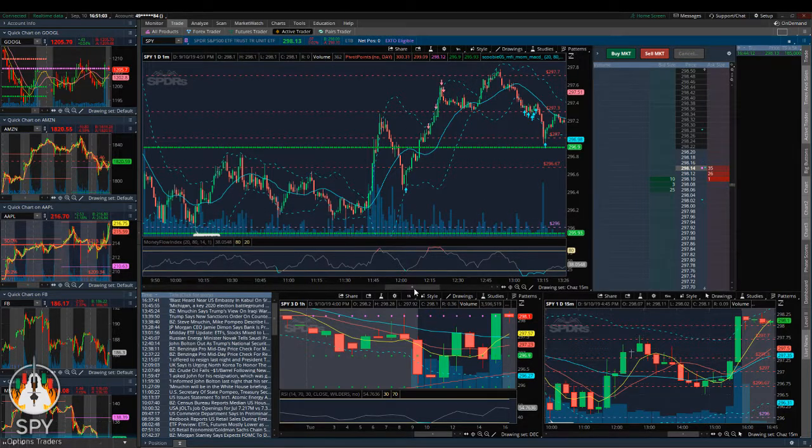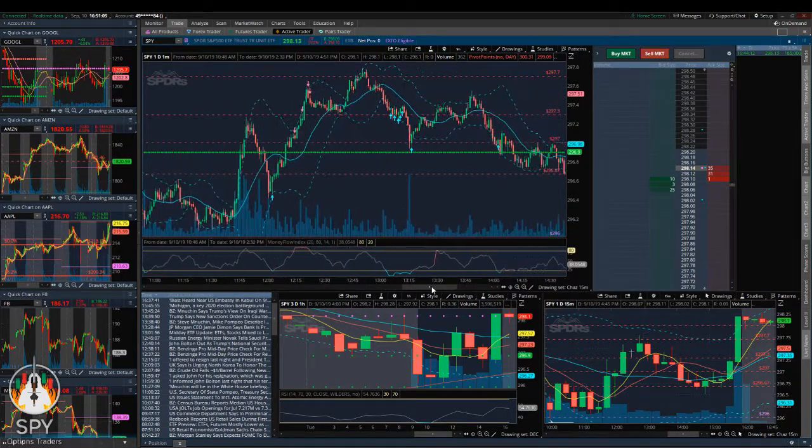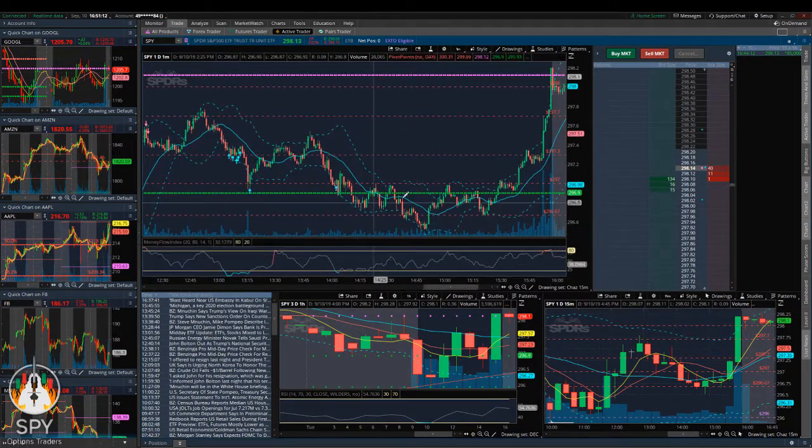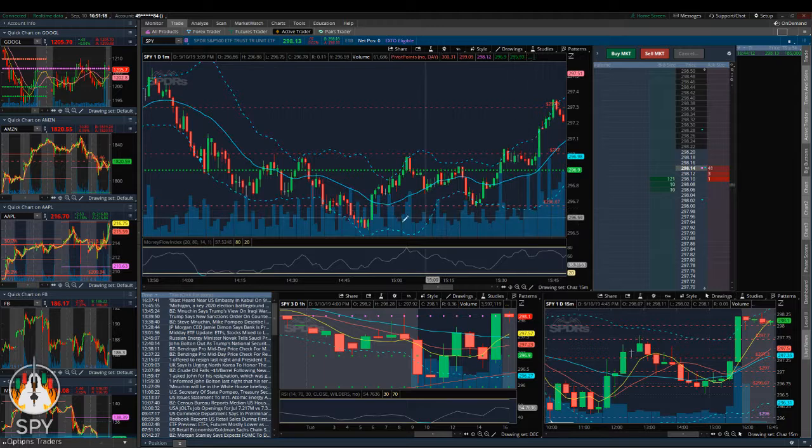And then SPY, after the Apple event, that sort of waned out, we just sort of moved around and did nothing. And then we got to the end of the day, and I was watching, I didn't really announce it, but I was watching this. This is an inverted head and shoulders pattern, which sometimes plays out and sometimes doesn't.